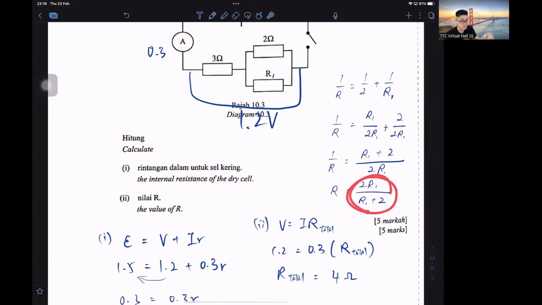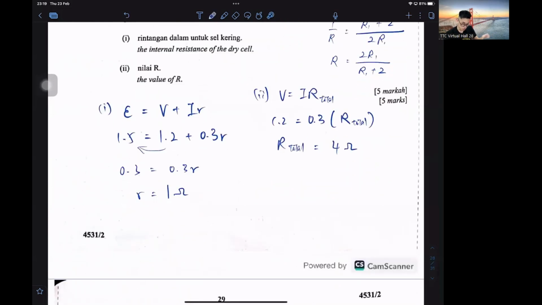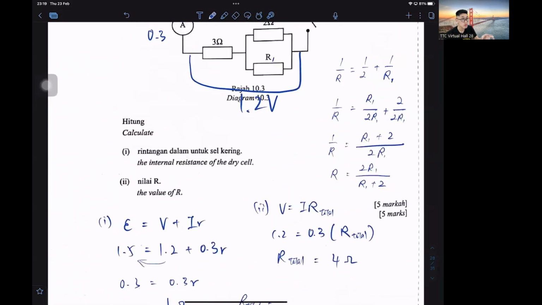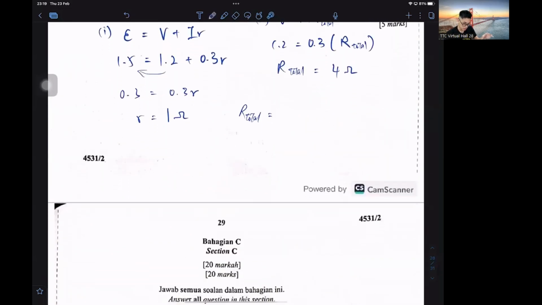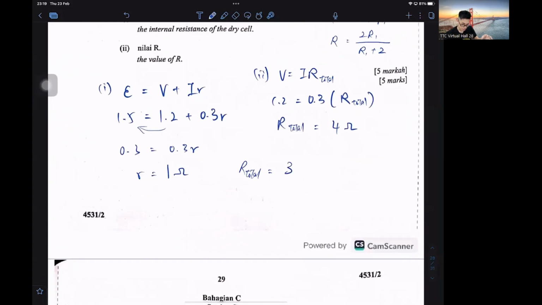Then this thing is here only. You still need to add the 3. So the total resistance equals 3 plus 2R1 over R1 plus 2.